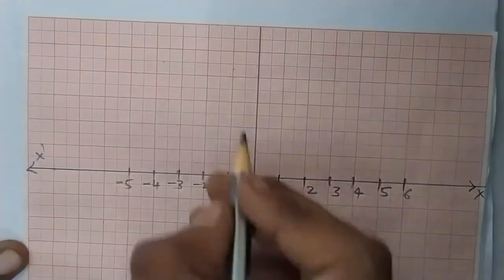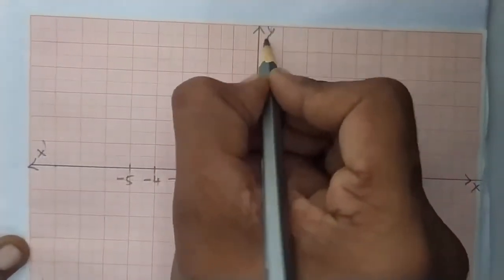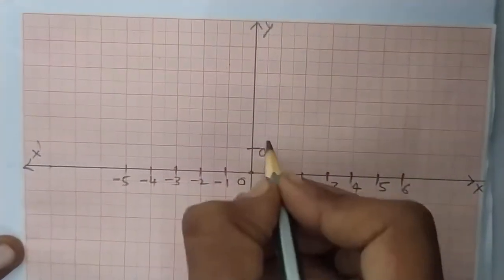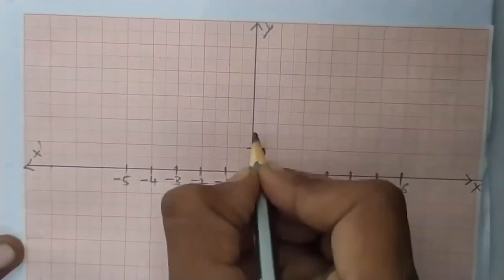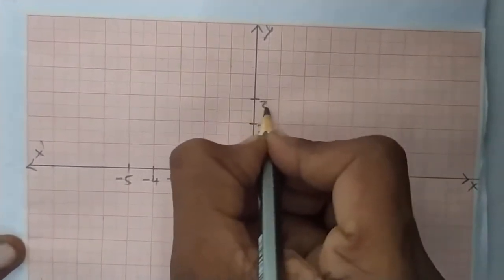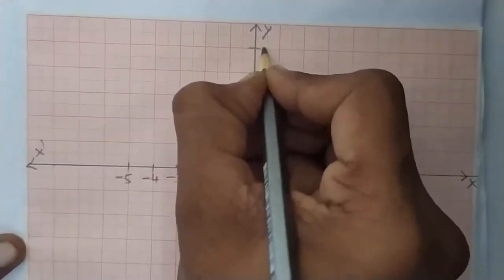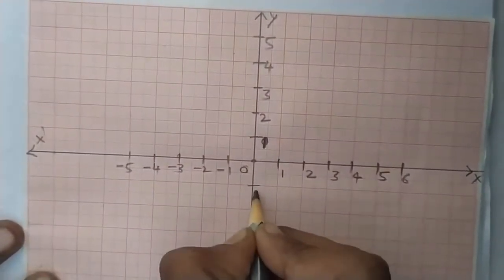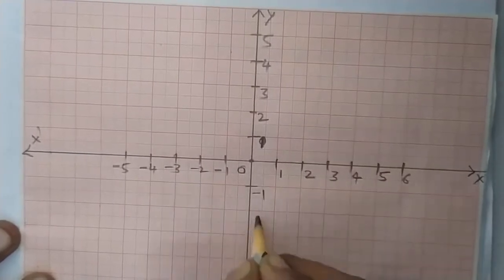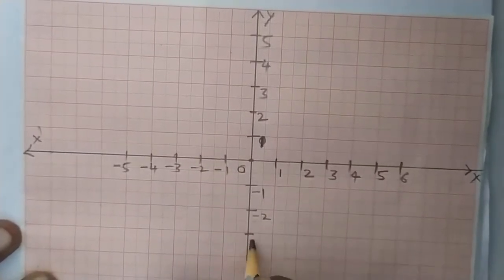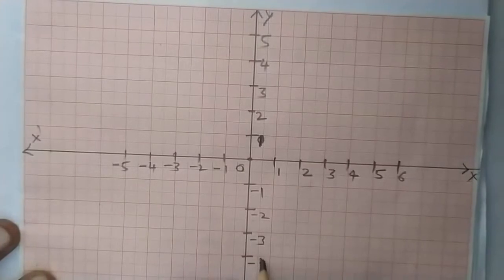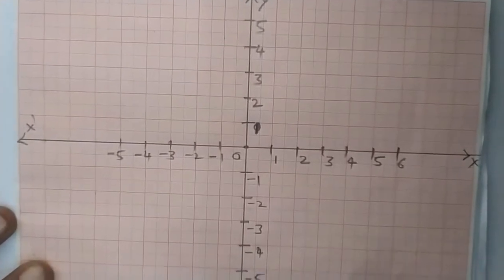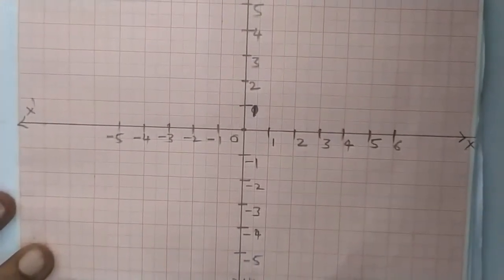Let us take the values on the positive y-axis: 1, 2, 3, 4 and 5. Let us take the values on the negative y-axis: minus 1, minus 2, minus 3, minus 4, minus 5, minus 6 and so on.